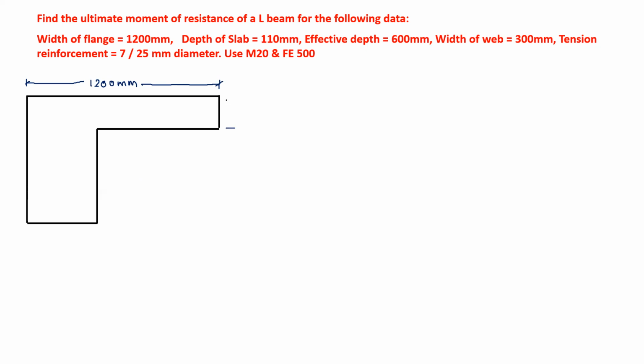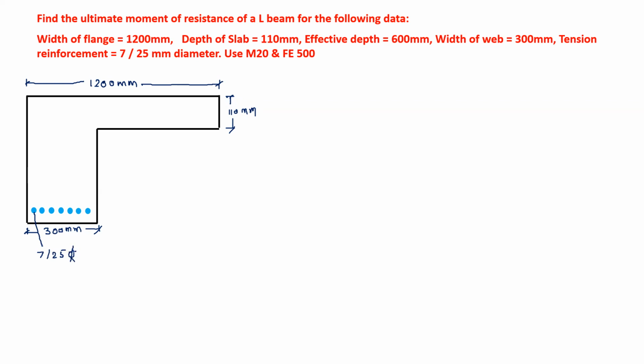So this is the depth of slab. Then width of web 300 mm. Then tension reinforcement, we have 7 bars, 25 mm diameter. So we have these bars as 7 bars of 25 Tor because Fe 500 is given.